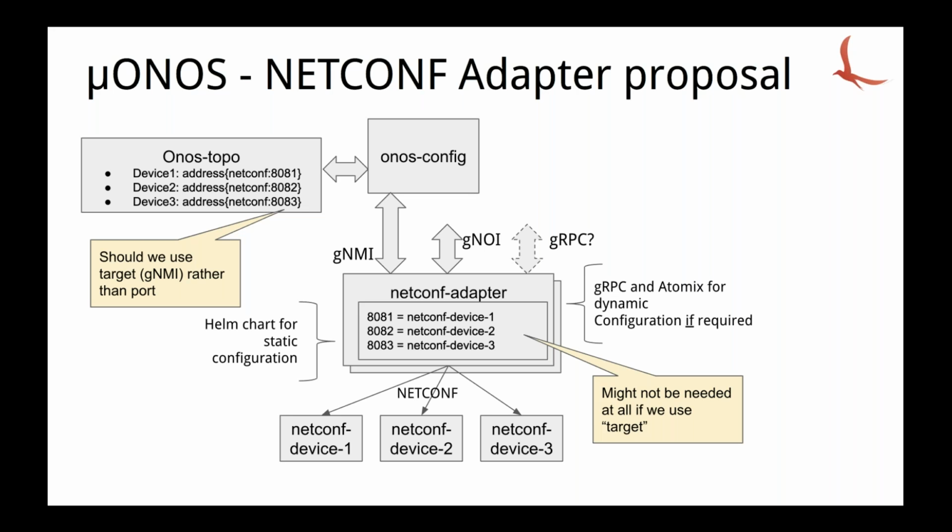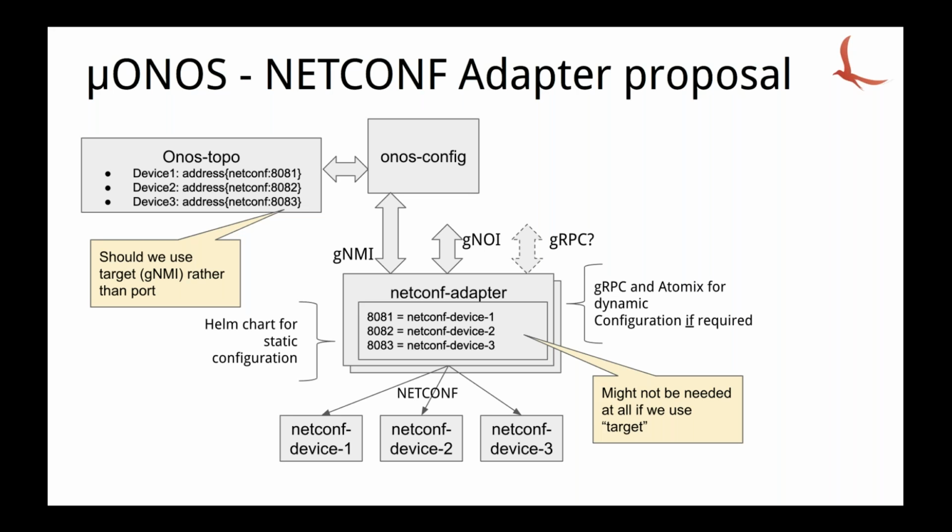Mark and I were talking through this earlier, and we threw around a few ideas. I just put down the baseline here. For me, a NetConf adapter would have to be a separate microservice on its own, and for ONOS config and ONOS topo, we wouldn't be looking at modifying them in any major way to suit any particular southbound protocol.